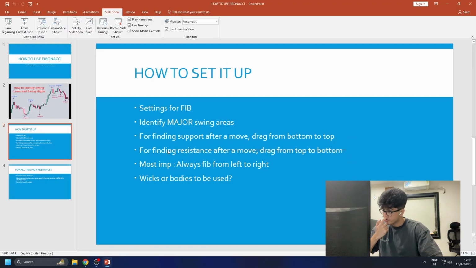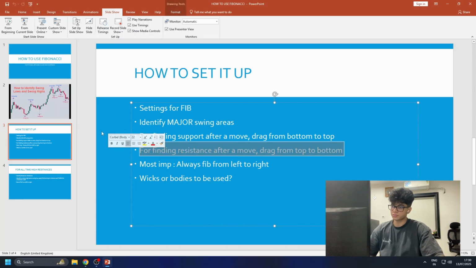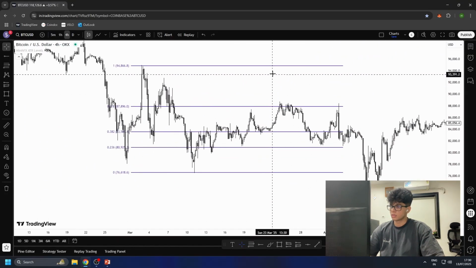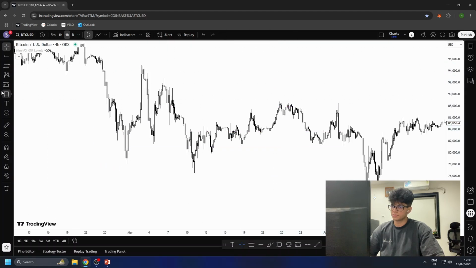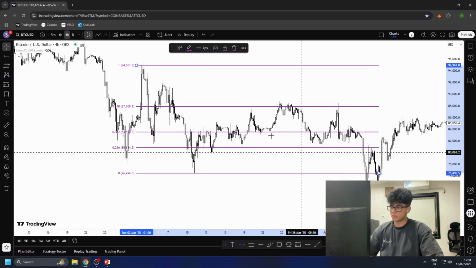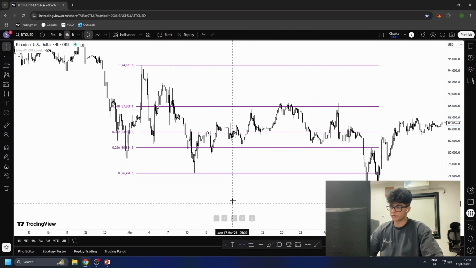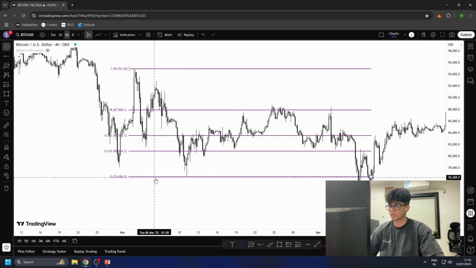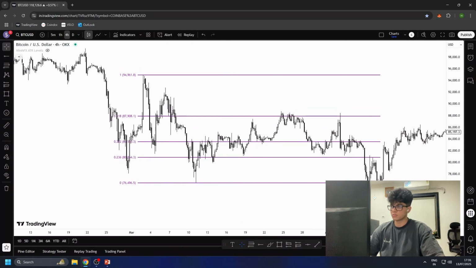Now, finding resistance after a move, drag from top to bottom. So here, let's see. So pull up my fib from here to, let's say, here. We missed the move. We didn't short it from here to here, but now we're thinking I want to be short because the market looks bearish.